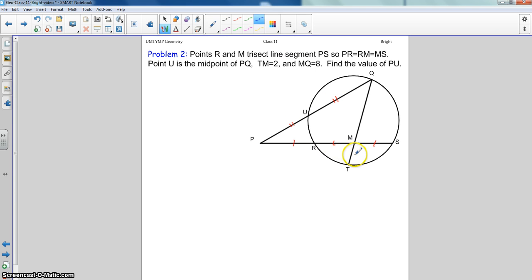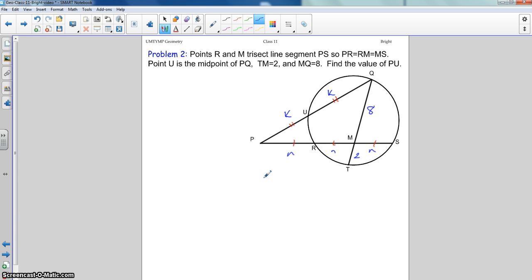We also know that TM is equal to 2, and MQ is equal to 8. And then it says find the length of PU. So this is my unknown value. I'm going to call it K. So this is K, this is K, and I'm going to call these trisected components N.